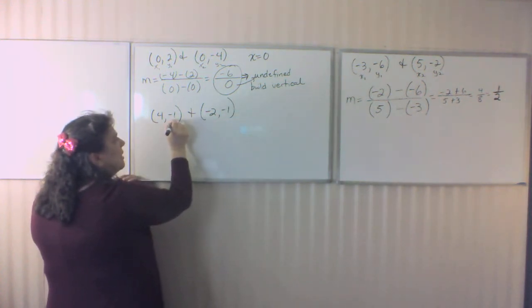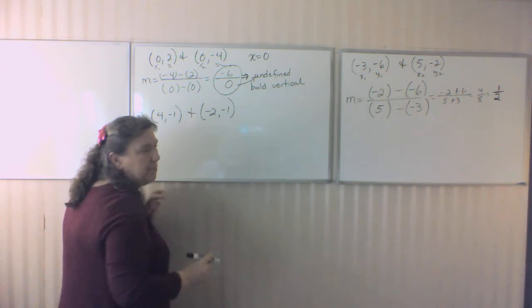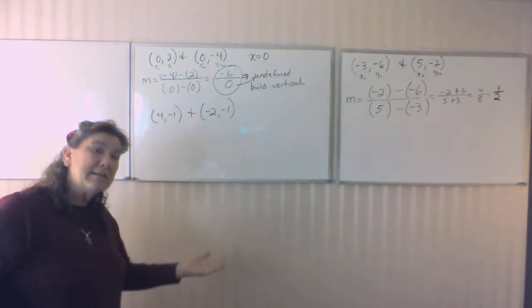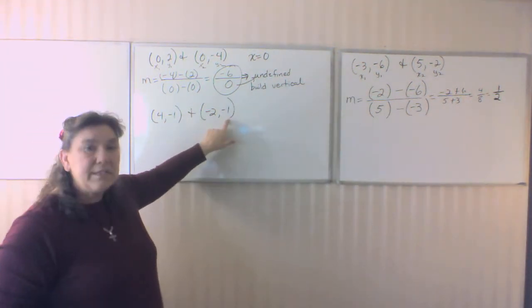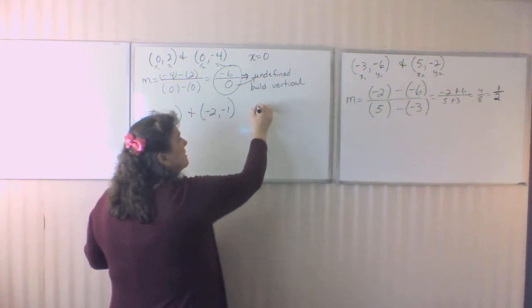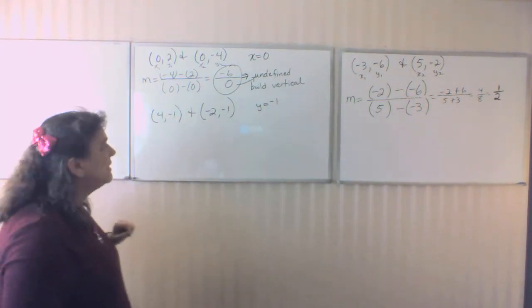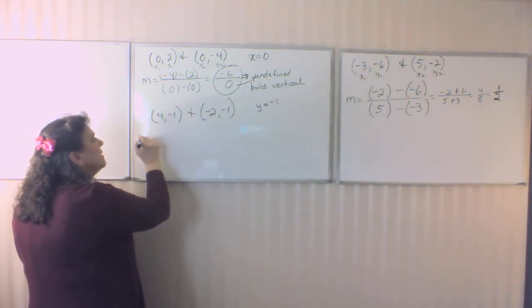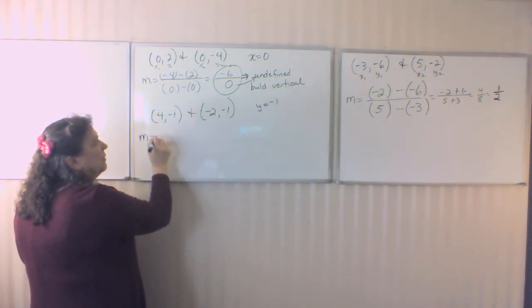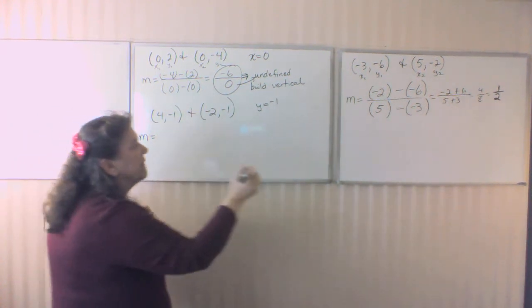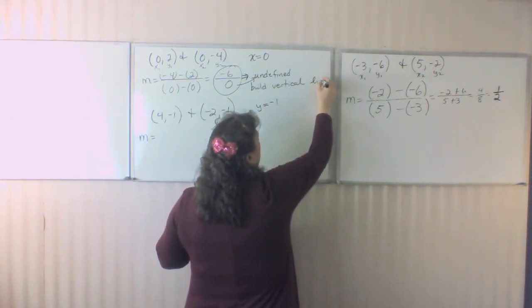Again, notice my y value is the same. And remember from the last lesson, if the y value is the same, it builds that special equation of y equals whatever that number is that is the same. But now let's calculate the slope. I forgot to write the word line up here.